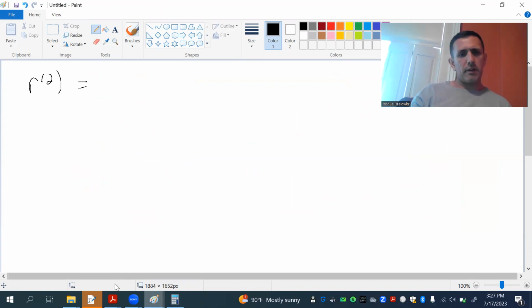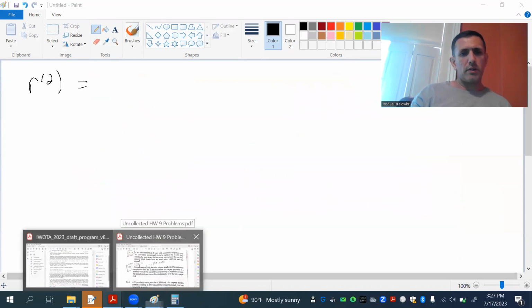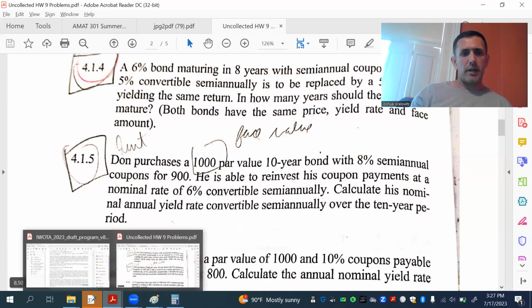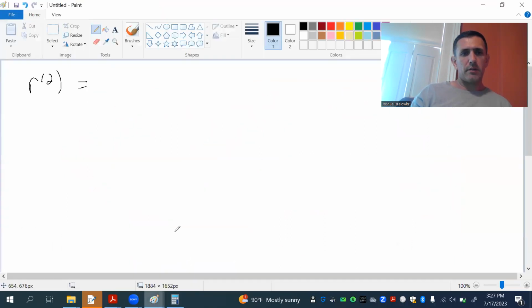So I'm given that R2 is 8%. So r is R2 over 2, and this is 0.08 over 2, 0.04.